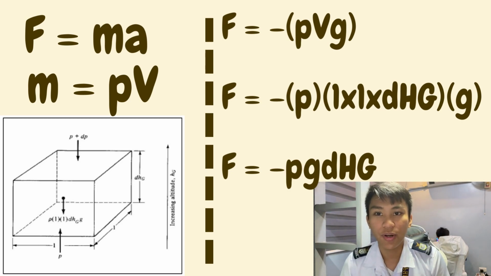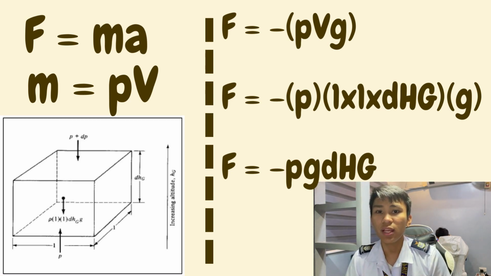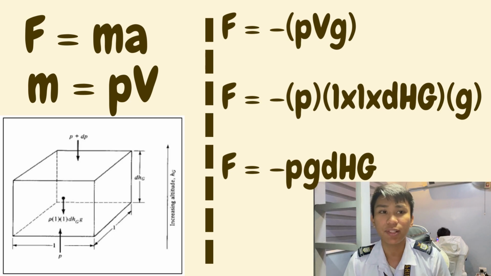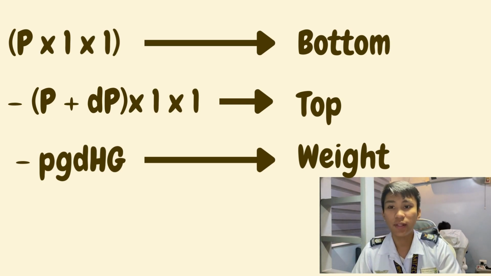So, the force or the weight of the air is equal to negative ρ g dHg, or negative density times gravity times the volume. It is negative because gravity refers to a downward force, or the pull of gravity.